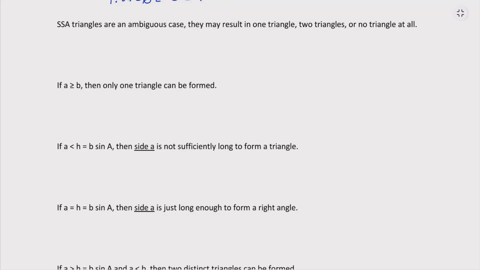If side a is greater than or equal to side b, then only one triangle can be formed. So if you have your triangle with a, b, c, and a is greater than or equal to b, in other words, the length of that side, and my picture doesn't justify what I just said, then you can only make one triangle in this way.